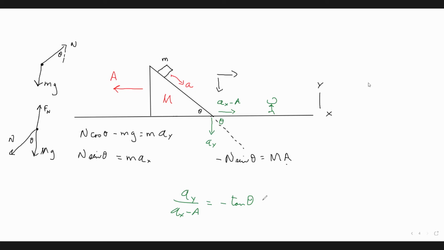So that's my equation of constraint. So now what are my unknowns? 1, 2, 3, 4. And I have 1, 2, 3, 4 equations. This is much more involved to solve, but you can do it.